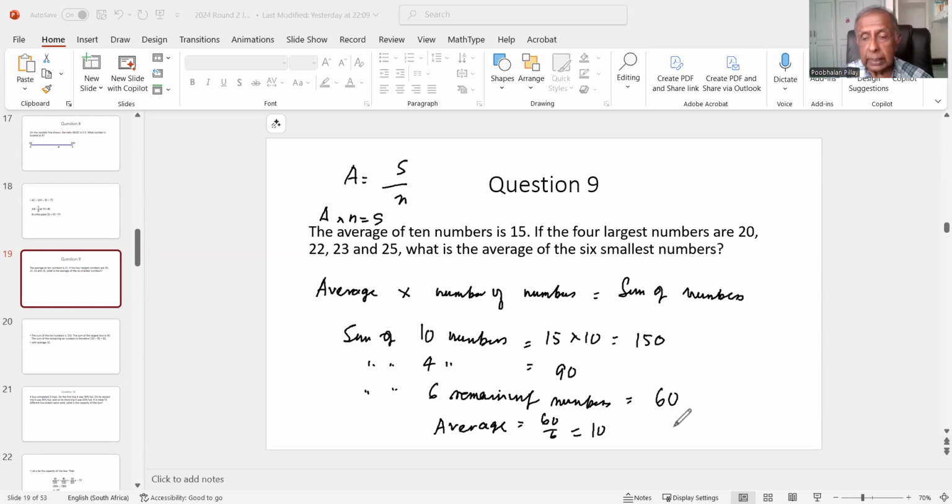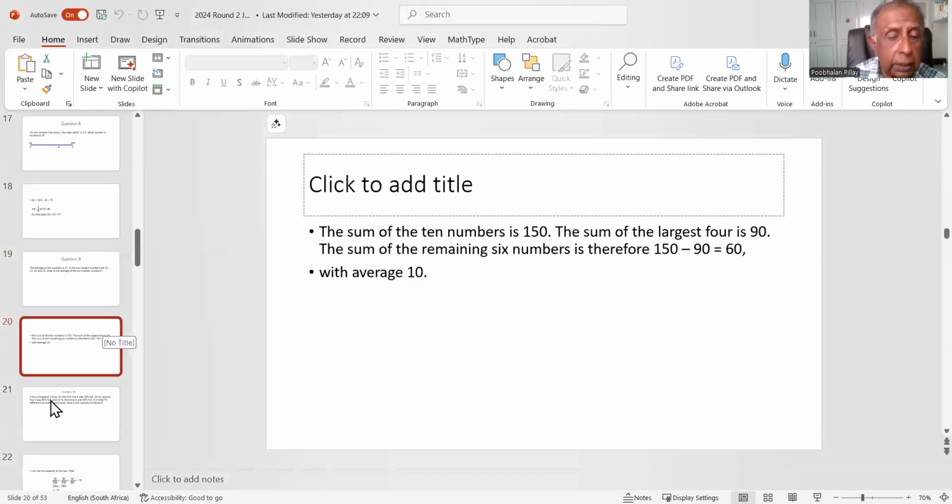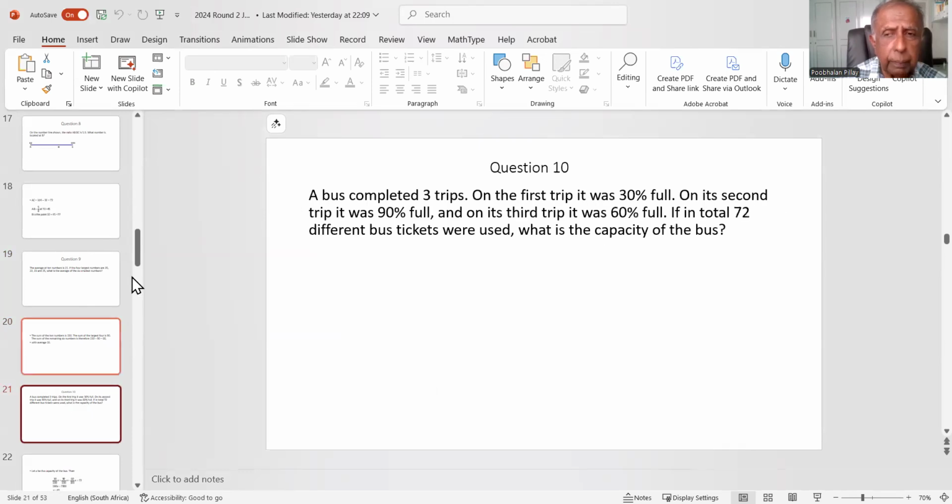All right, so that is the solution to this problem. It's a simple application of averages, and let's just check to see. There it is. So you can see the answer is 10, as it is said there.